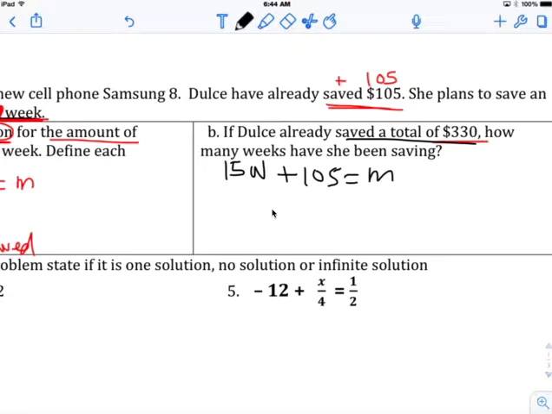Already saved that, so obviously that goes with money saved. In place of M, you write $330 because that is the amount of money saved already.